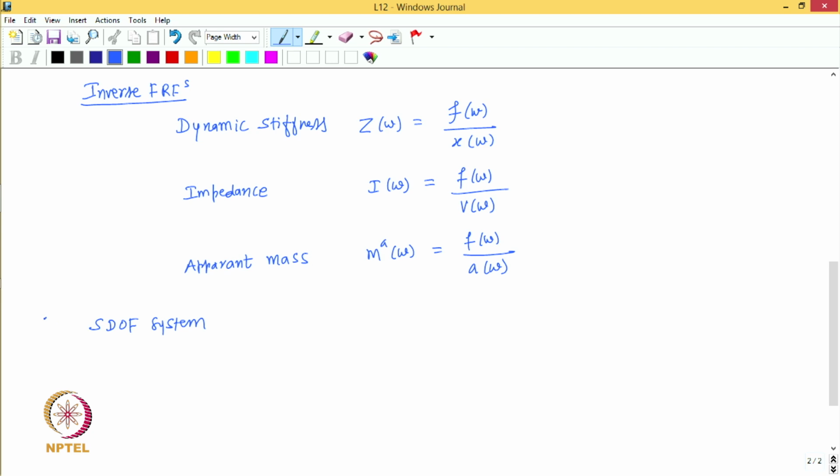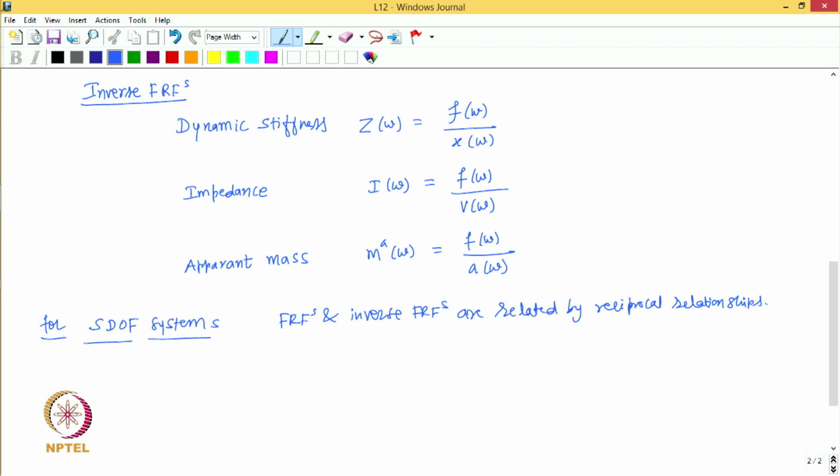So, for single degree of freedom systems, the FRF and inverse FRFs are related by a reciprocal relationship.